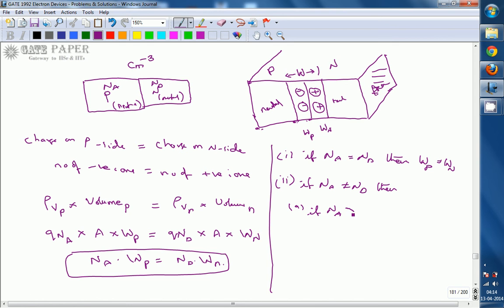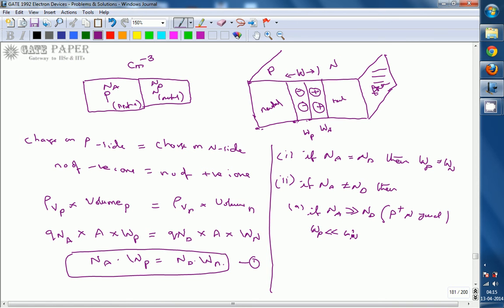If Na is very large compared to Nd, that is, acceptors are more, meaning the p side is heavily doped, so you can say this is a p plus n junction. By that time, from this equation 1, we can say Wp is going to be very small compared to Wn, because total charge has to be the same.